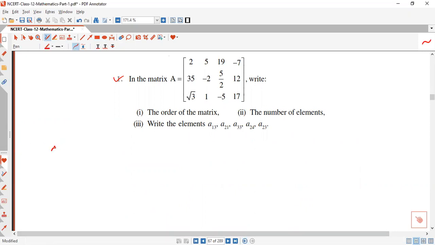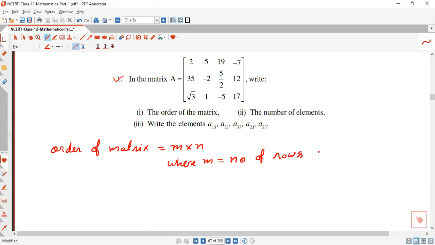Order of matrix is equal to M by N, where M is the number of rows in the matrix, and N is the number of columns in the matrix.